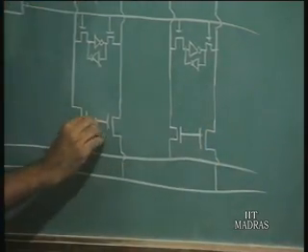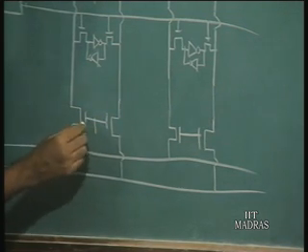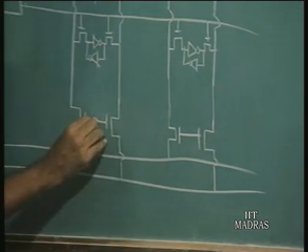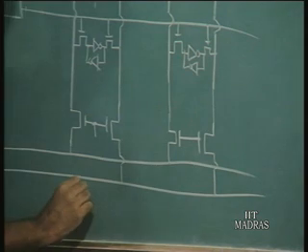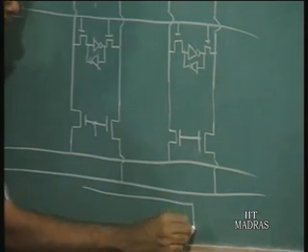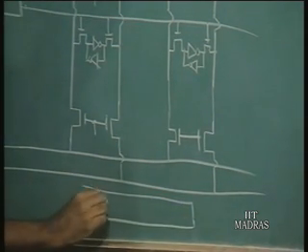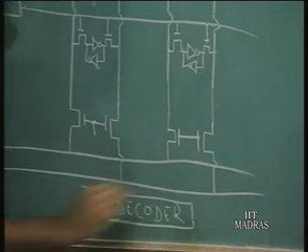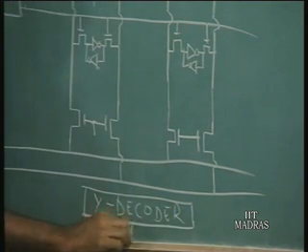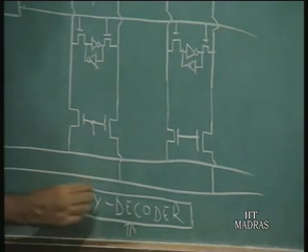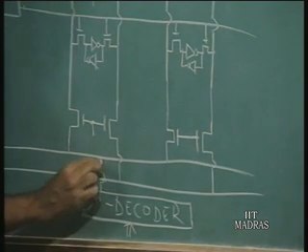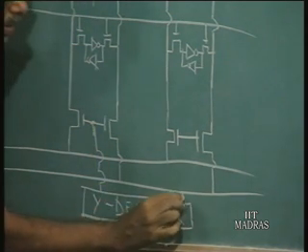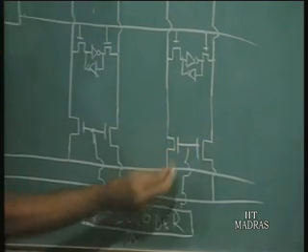And the input to these pass transistors comes from the Y decoder, which receives as input the Y address inputs, and the outputs are passed on to the gates of these pass transistors.